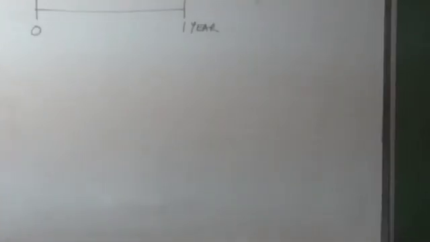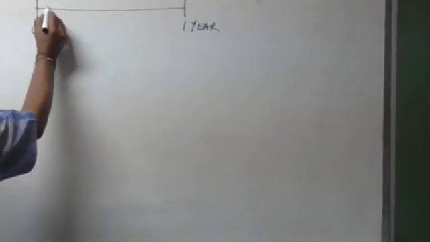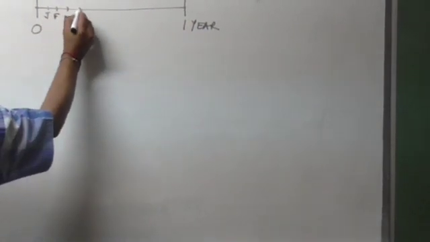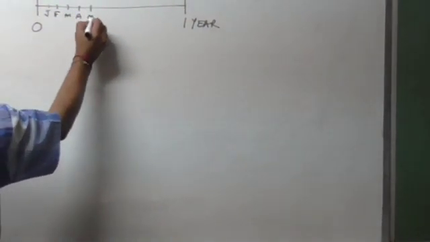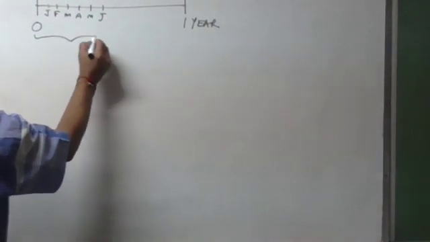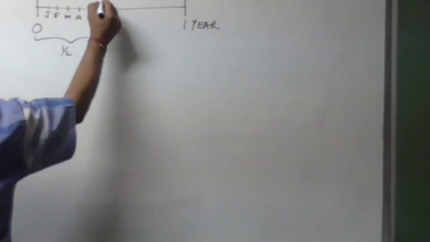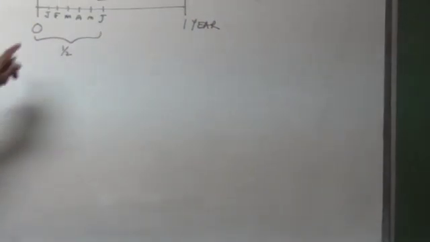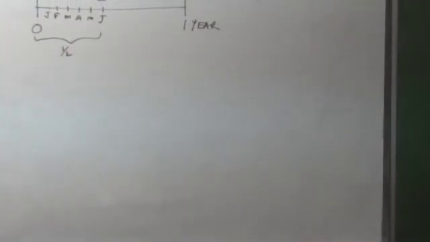Now if interest is compounded half yearly, it means there's January, February, March, April, May, June. So this is half year. So you're going to get interest here every half year, half yearly. You're going to get interest after this half year, and then you will get interest again after that half year.